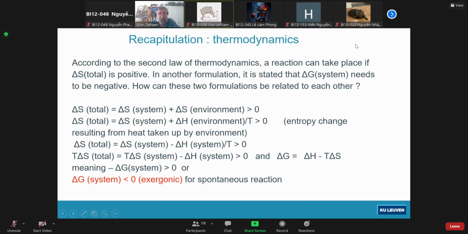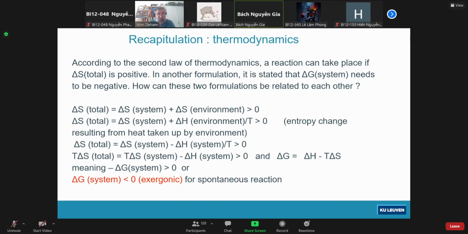We have seen that the second law of thermodynamics says that for a reaction to be spontaneous or to take place, the total difference in entropy, and that means the system plus the environment, has to be positive. It could also be formulated in a different way, and it says then that delta G of the system needs to be negative.